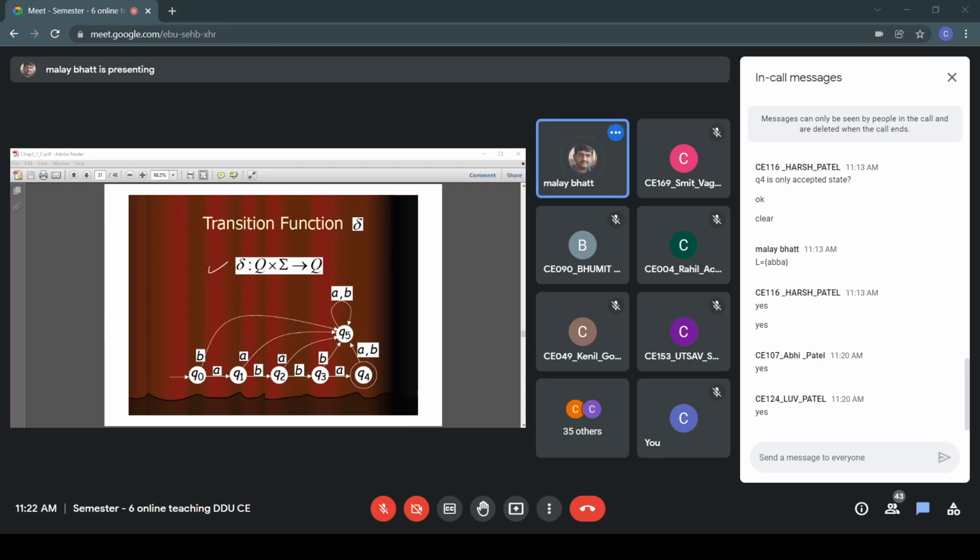You can see from the Q0 state on input symbol A, we get a new state Q1. From Q0 on input symbol B, we get the state Q5.